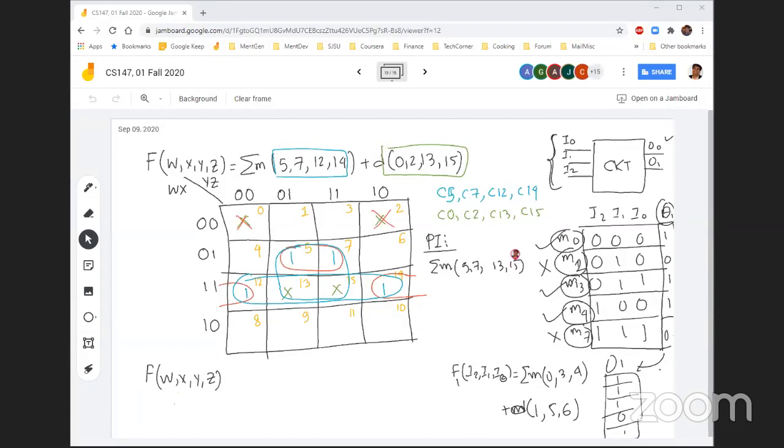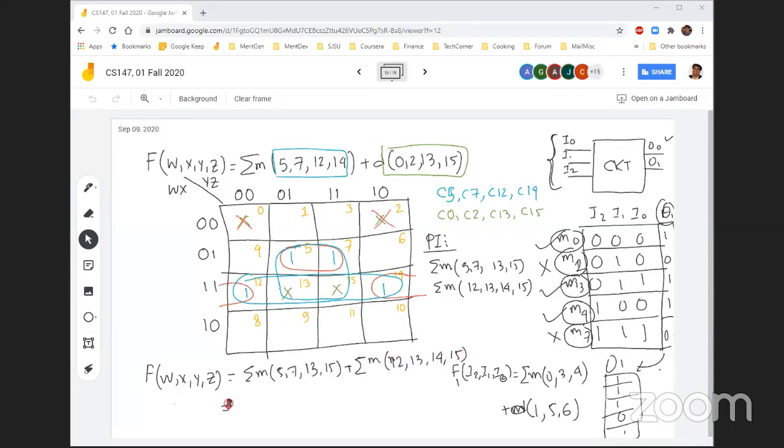And another prime implicant is 12, 13, 14, 15. Okay. So practically this means this function is nothing but an OR between min term 5, 7, 13, 15 or min term 12, 13, 14, 15.